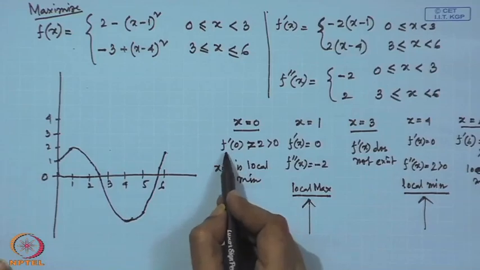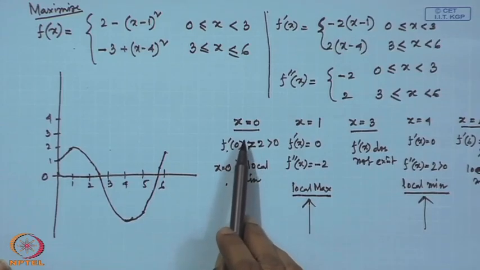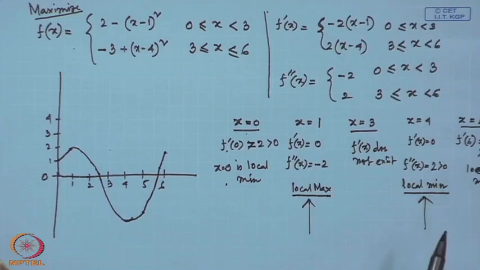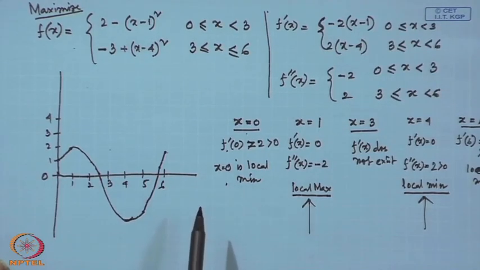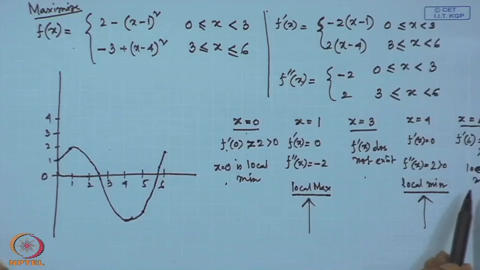Whether the first order derivative is greater than 0, less than 0, or does not exist should also be considered. Thus, we can say more about x equal to 0, x equal to 3 and x equal to 6. The classical optimization technique is not applicable everywhere, and we should have some numerical process to handle this kind of situation, so that we need not ignore the points x equal to 0, x equal to 3 and x equal to 6.